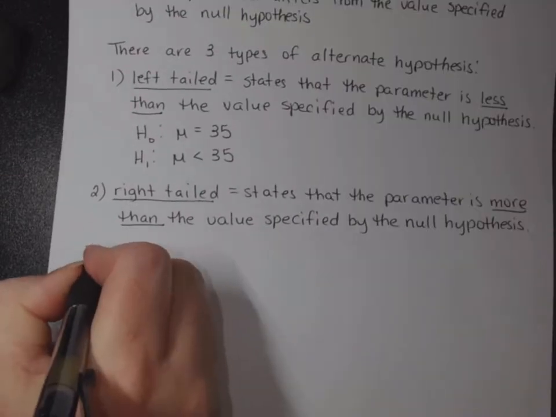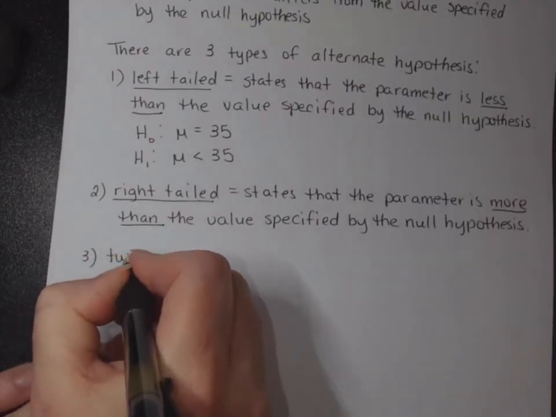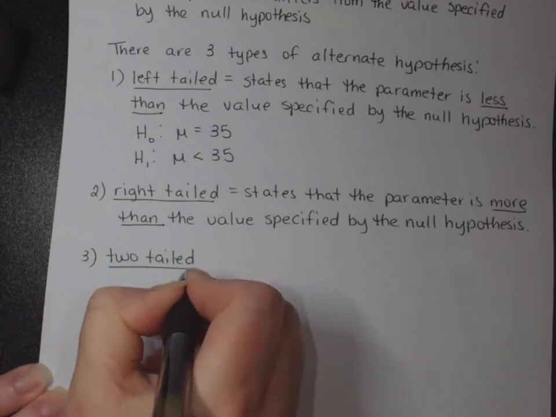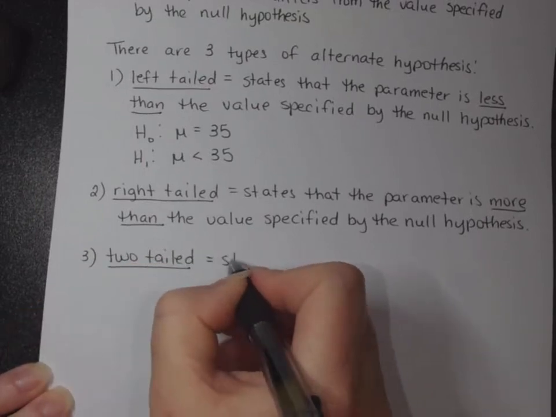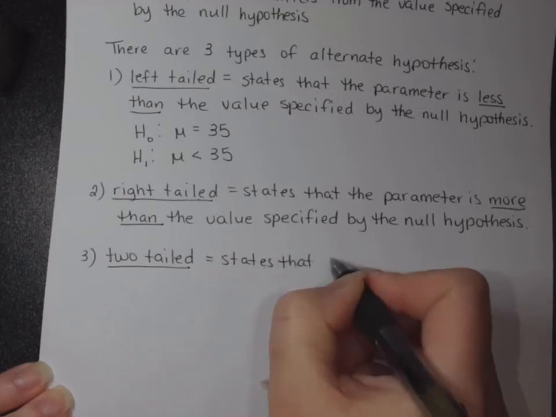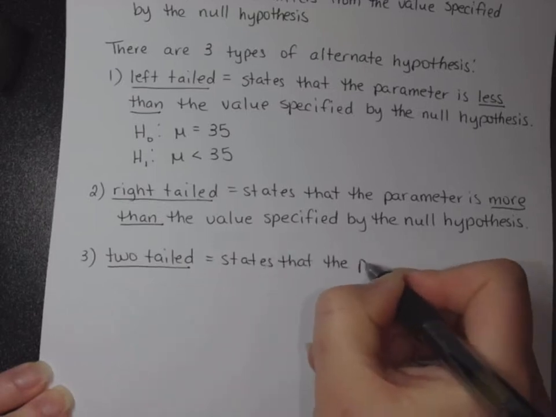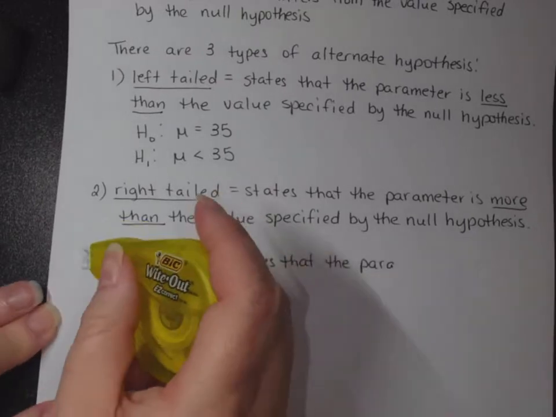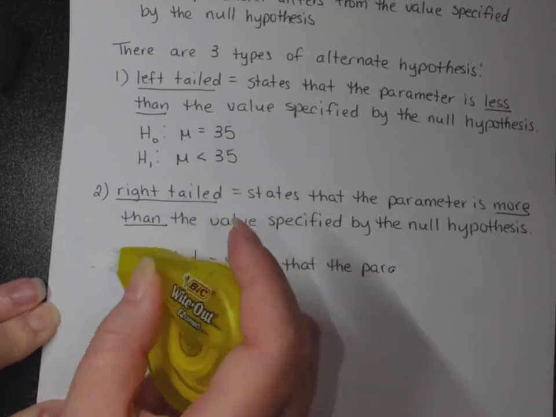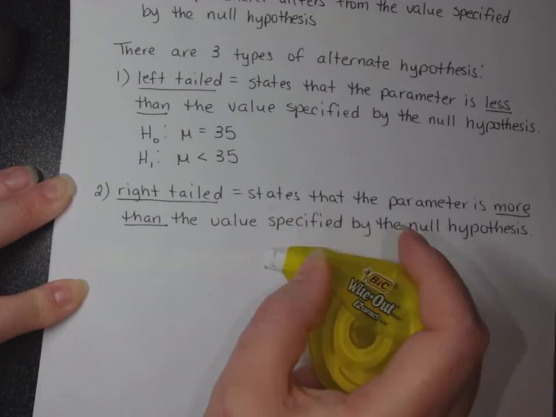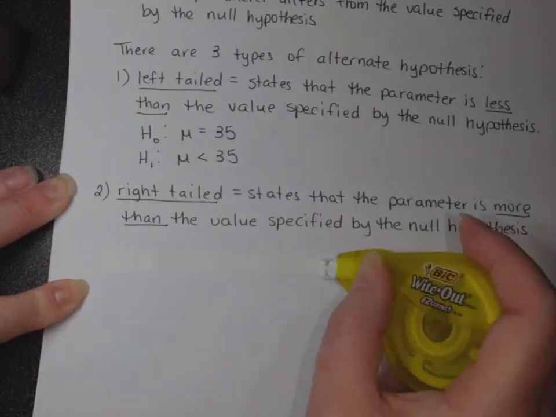And then the third and final type of alternate hypothesis is called a two-tailed test. The two-tailed just means that the alternate can be either side. Oh, let's go back. Sorry. I wanted to give you an example of the right-tailed.